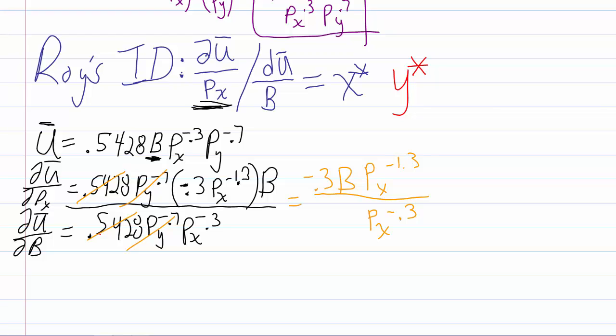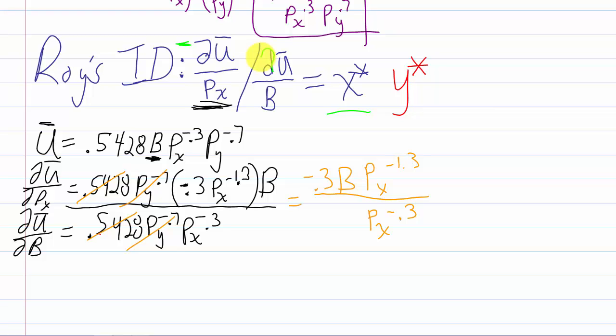Roy's identity actually is this. It's that the Marshallian demand for x will be negative the partial derivative of utility with respect to x divided by the partial, that should be a curly d, partial derivative of utility with respect to the budget.